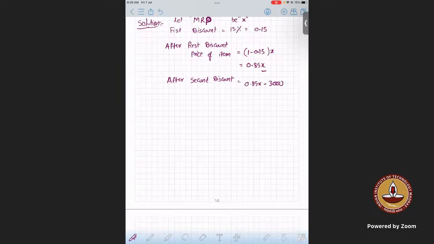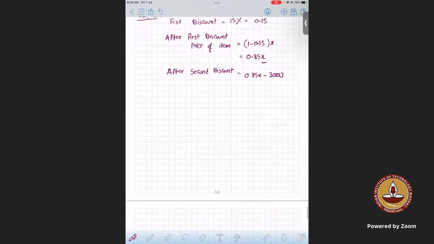Clear? We don't know the problem after the second discount. What should we need to find? The final cost, after the second discount.